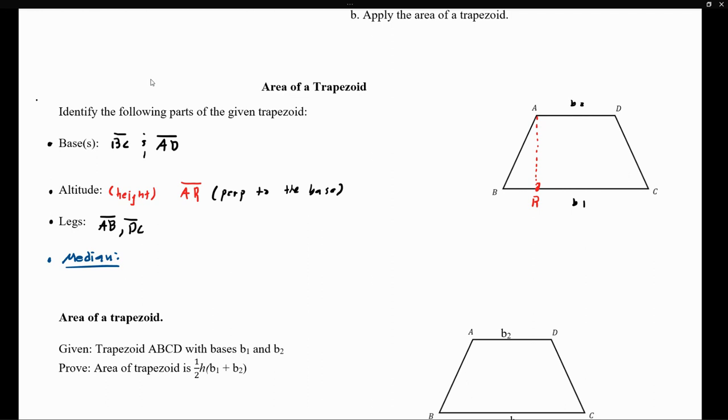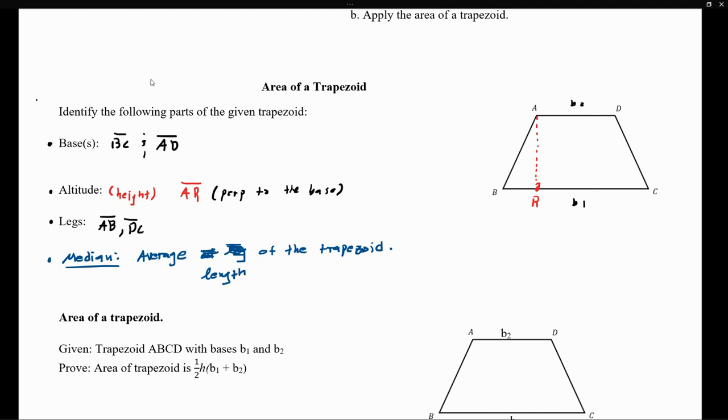One way of seeing the median of a trapezoid is as the average length of the trapezoid. I'm sorry, it's not the average leg, it's the average length of the trapezoid.